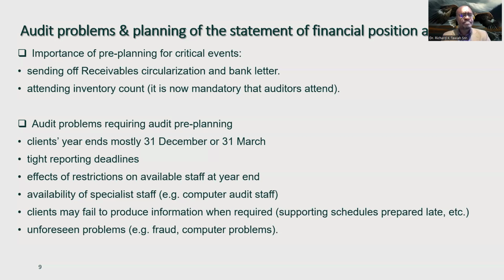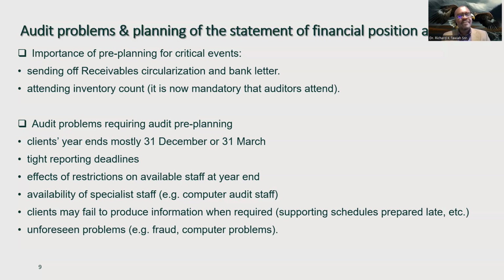Now, audit problems requiring audit pre-planning. If we know most of the clients, their year end is 31st December or 31st March. The US system is mostly 30th September. So there could be tight reporting deadlines.